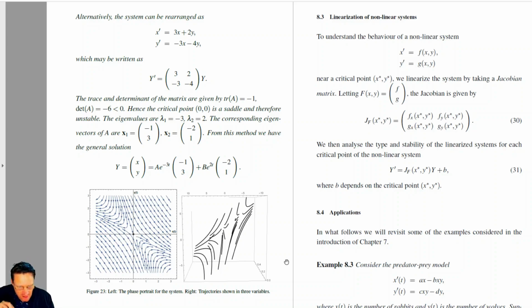You can see each of these arrows corresponds to a trajectory where time goes back there, I think. We can see the critical point here would correspond to a horizontal line. If you took this and rotated it to the side, you'd see a horizontal line. That is this critical point. It's an equilibrium solution.